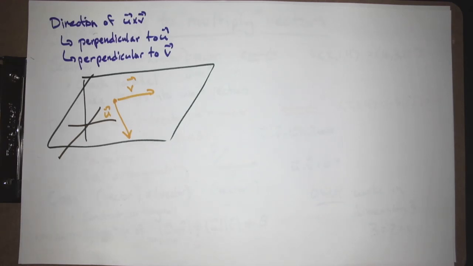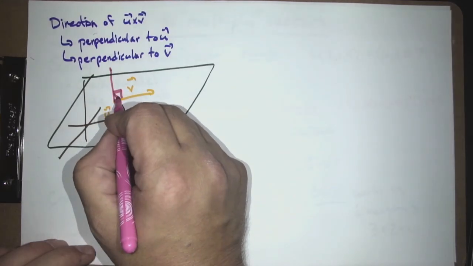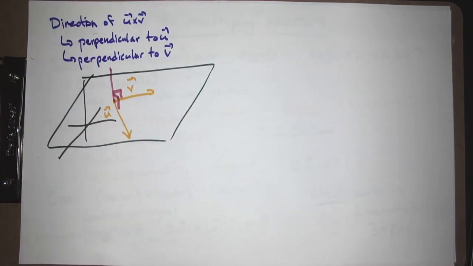Now, I want to be perpendicular to U, and I want to be perpendicular to V. I want to be coming out at a right angle, perpendicular to both U and V. Is that enough to uniquely determine direction? Essentially almost yes, but no. Why almost yes?